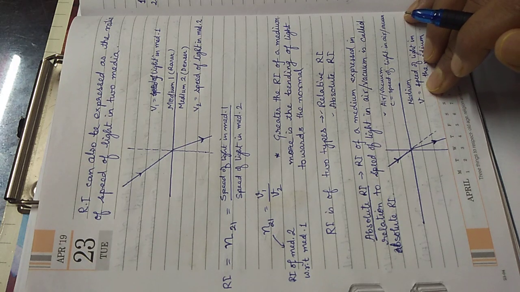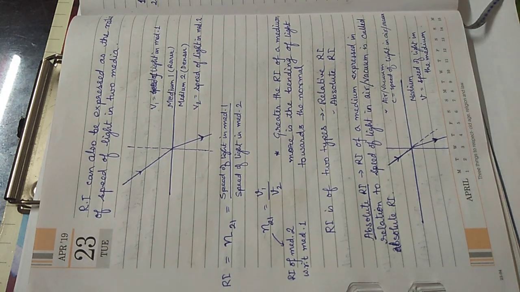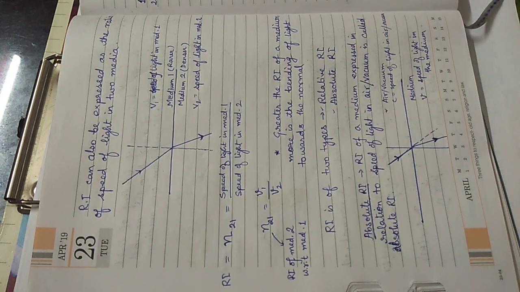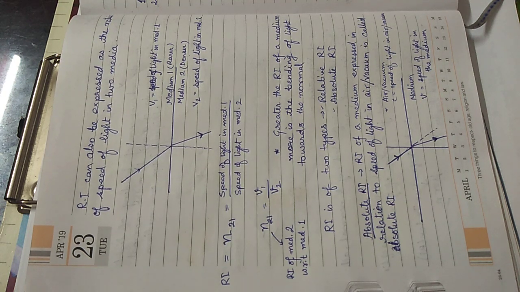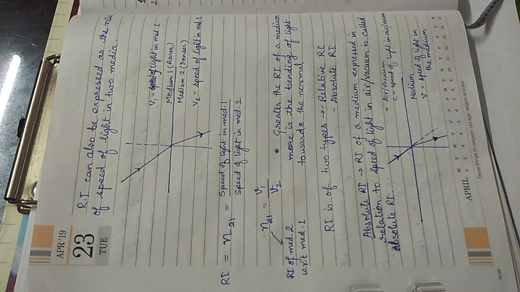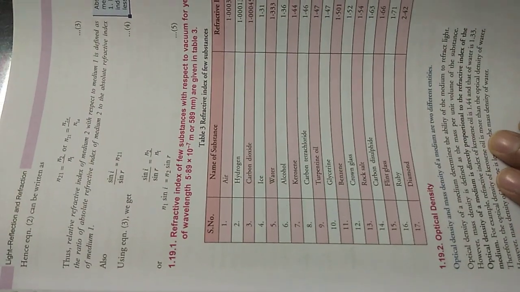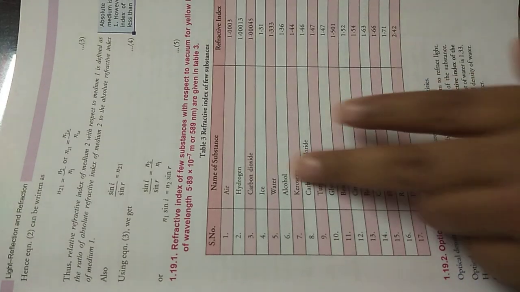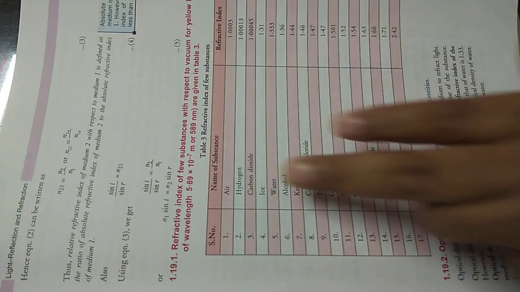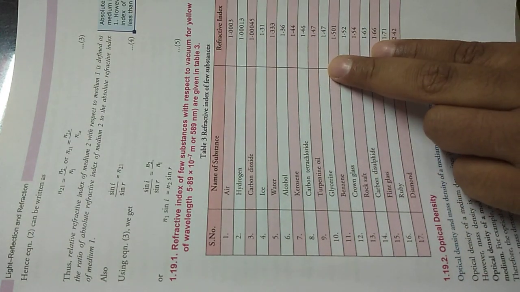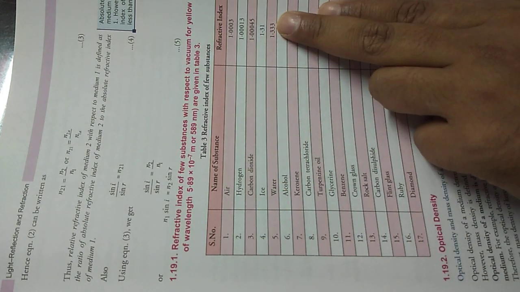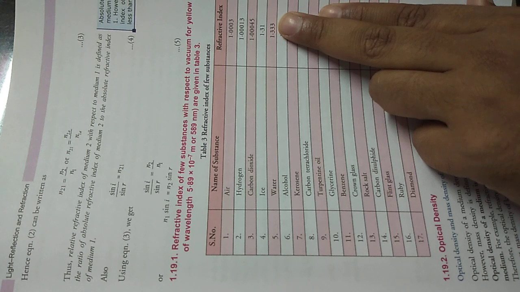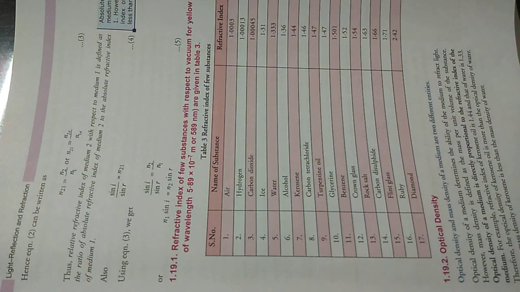For example, in your textbook you will get a list of different refractive indices. Suppose I show you a list here. The entire list shown here is a list of absolute refractive indices. Water is given as 1.33, so it is the refractive index of water with respect to air or vacuum.